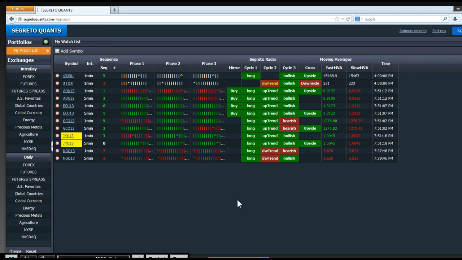It gives you an advantage, and it puts you right back there with the big boys. Because what this robot, this Quant, if you will, is doing for you all day long, every day, is going out and looking at correlated markets, and giving you up-to-the-second information that's accurate.